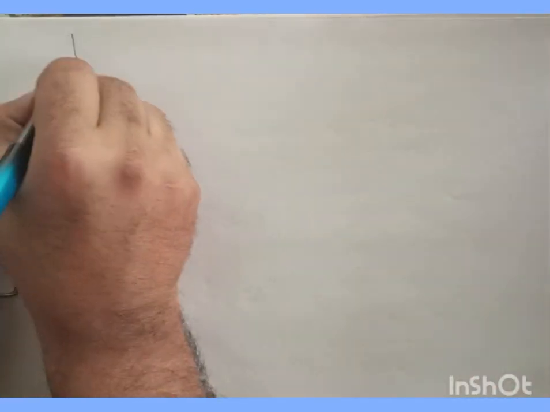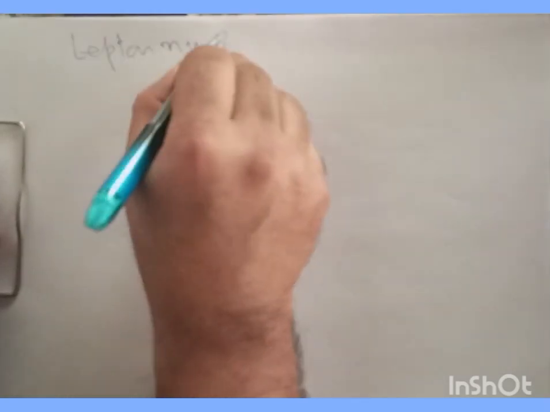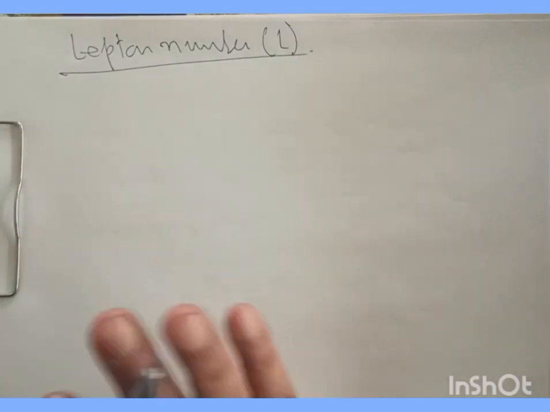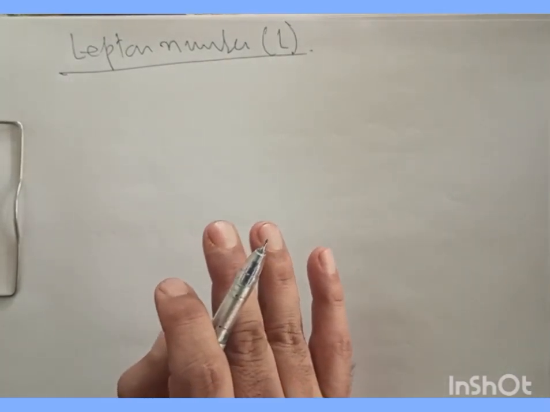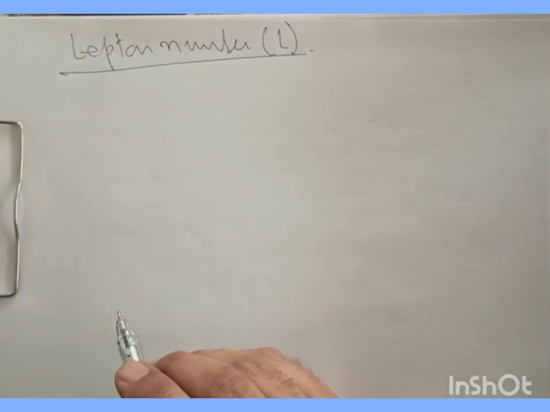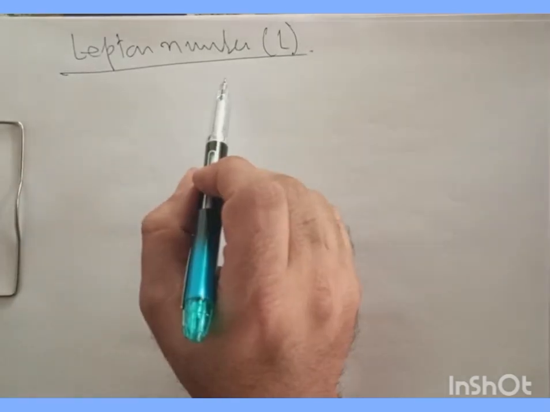Lepton number, that's L. Now, to distinguish between various elementary particles of the lepton group or family, these particles are assigned a characteristic, and that characteristic is called the lepton number.